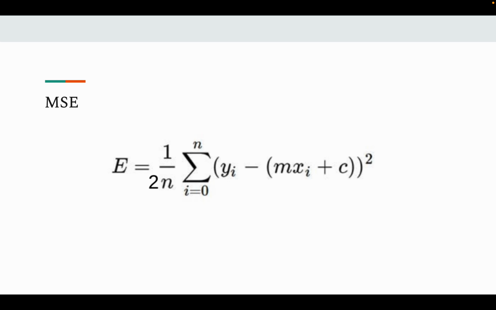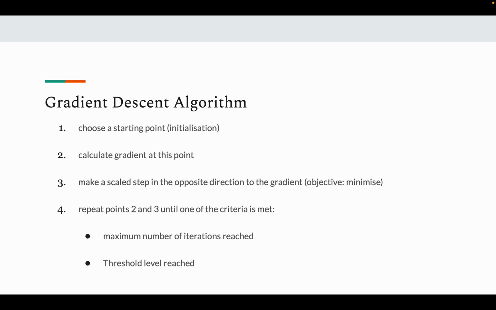Okay. Now coming to the next slide, the gradient descent algorithm. It is a very simple algorithm, with four major steps. One is to choose a starting point, which is called initialization.